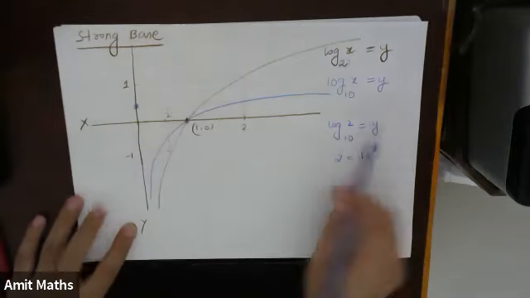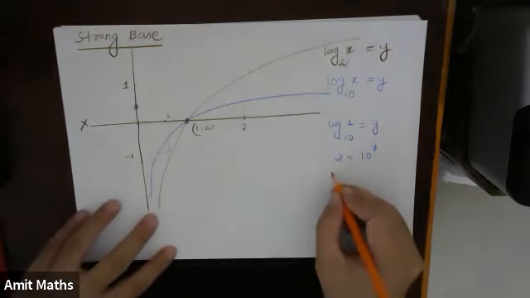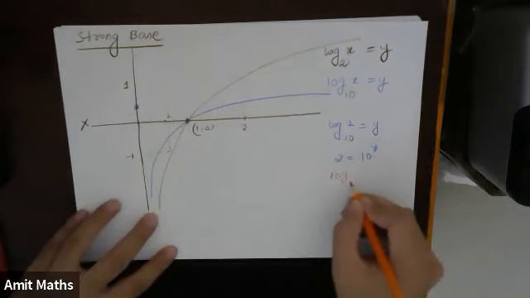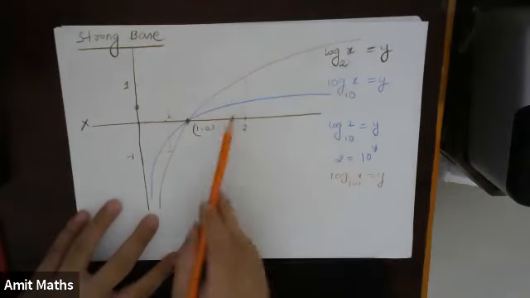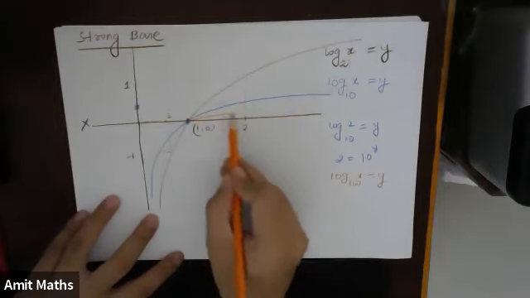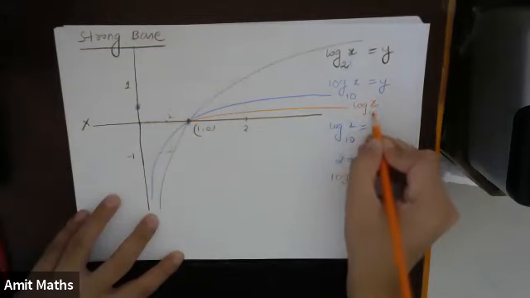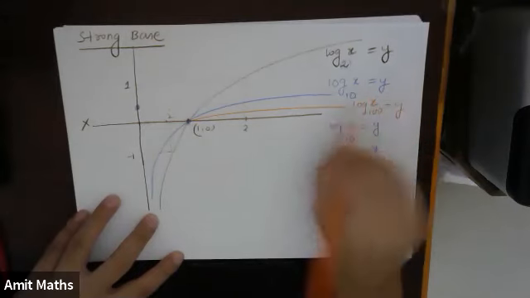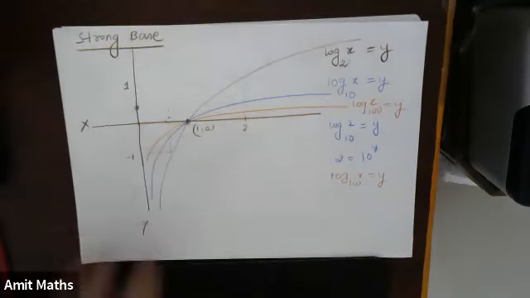If I take log base 100, log x base 100 equals y, think about where it will lie. It will lie even below. And on this side, it will be something like this.